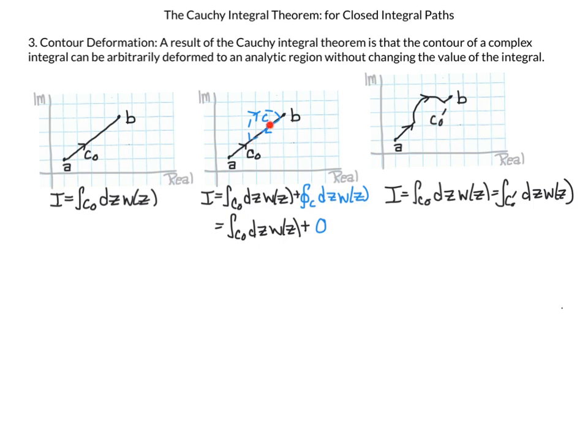Now let us turn our attention to where these two curves intersect, where C0 intersects C. They're the exact same curve, except that they're in opposite directions. So when we integrate from here to here, our C0, and we integrate from here to here, our C, they're going to have the same value except for a negative sign.